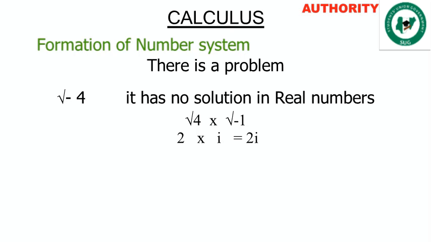Now, square root of 4 is what? 2. Yes. Okay. Square root of minus 1 is nowhere to be found. So we said, since this square root of minus 1 is nowhere to be found, we can actually call this number an imaginary number.